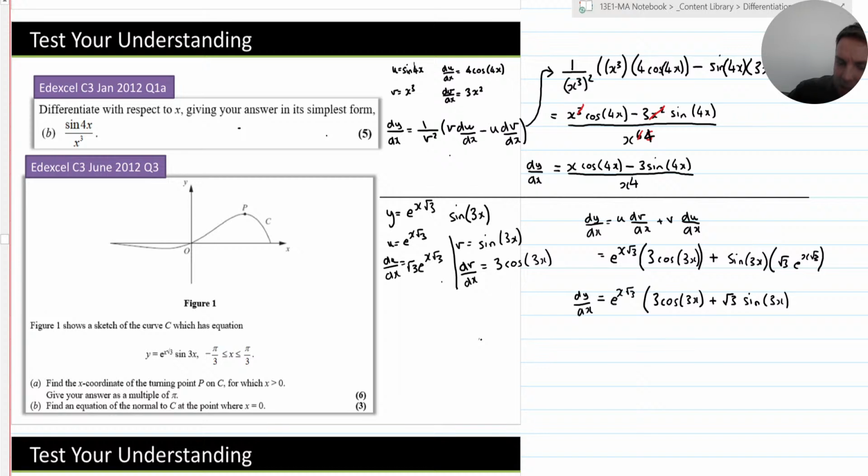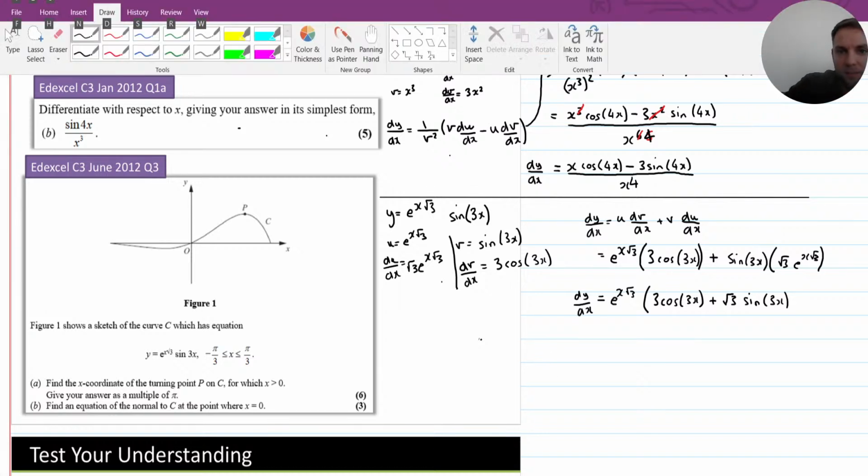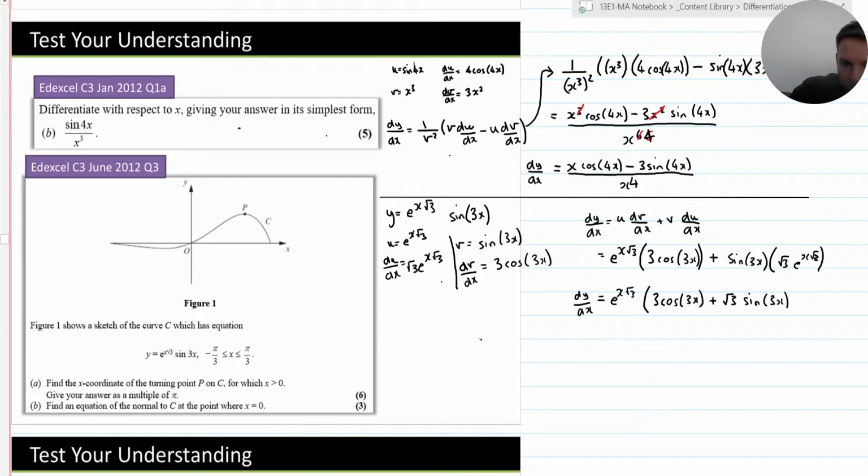So then we know that if we want to find the turning point for this, our turning point is when dy by dx is equal to 0. So we need to set this equal to 0.